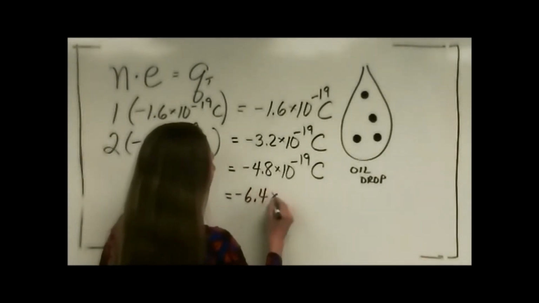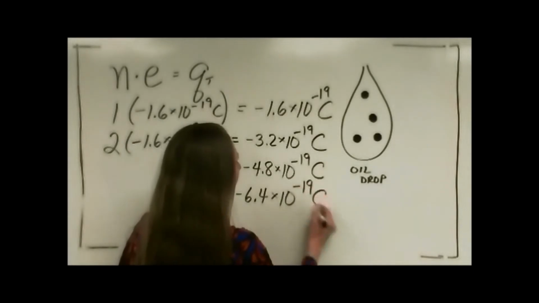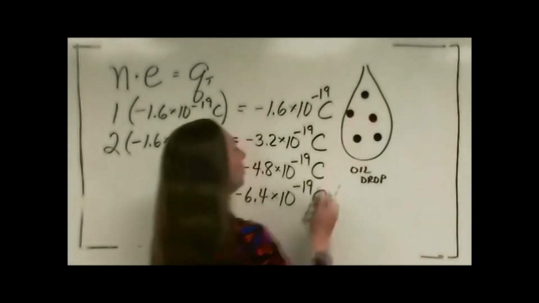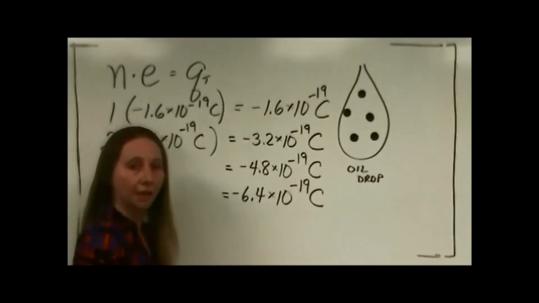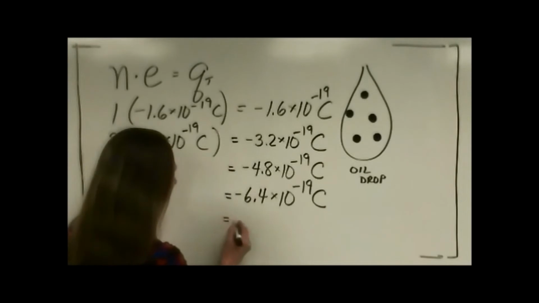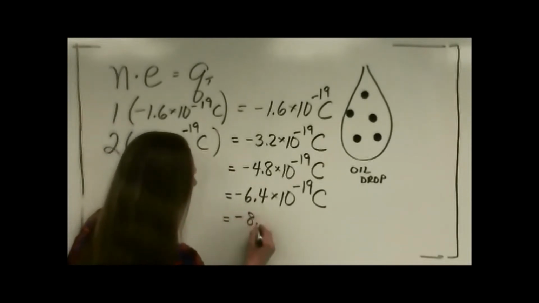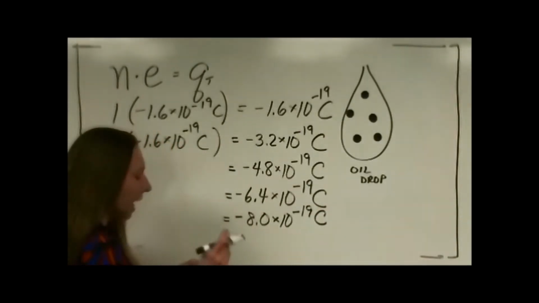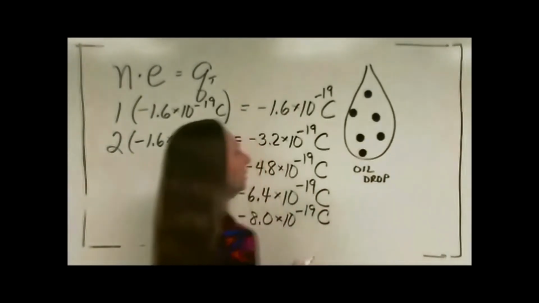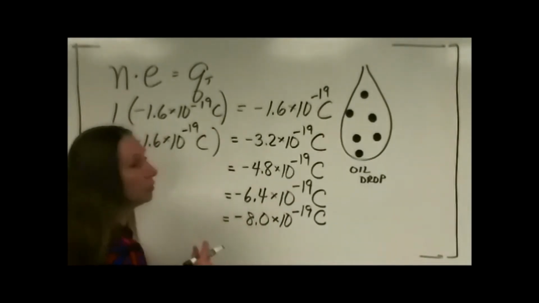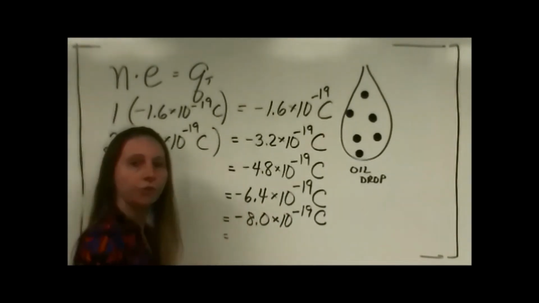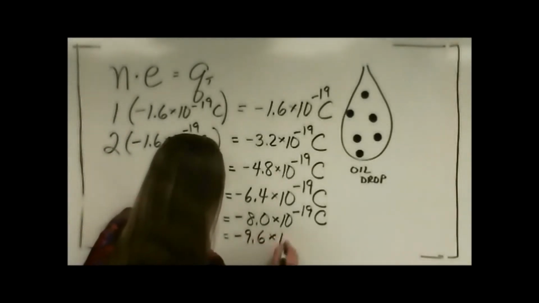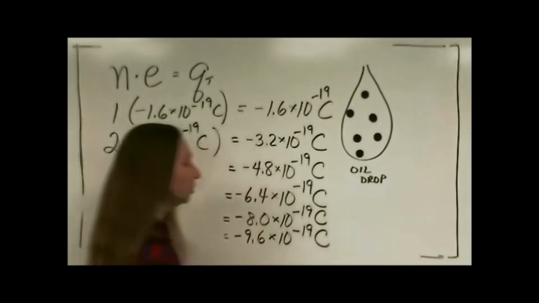Negative 6.4 times 10 to the negative 19 coulombs. 5 extra electrons would mean that the total extra charge on that oil drop would be negative 8 times 10 to the negative 19 coulombs. And I'll stop at 6 extra electrons. If there were 6 extra electrons on the drop of oil, then the excess charge would be negative 9.6 times 10 to the negative 19 coulombs.